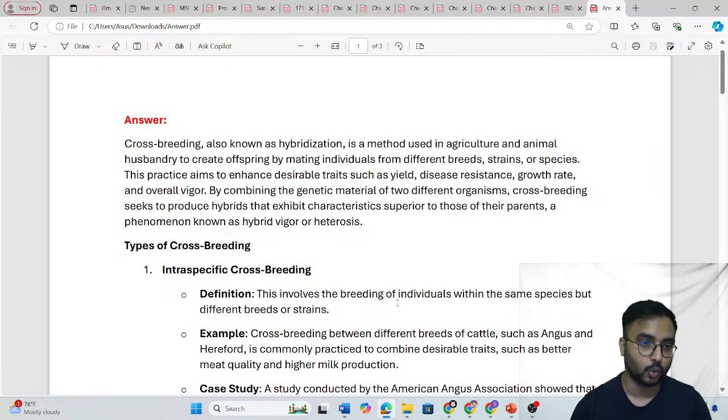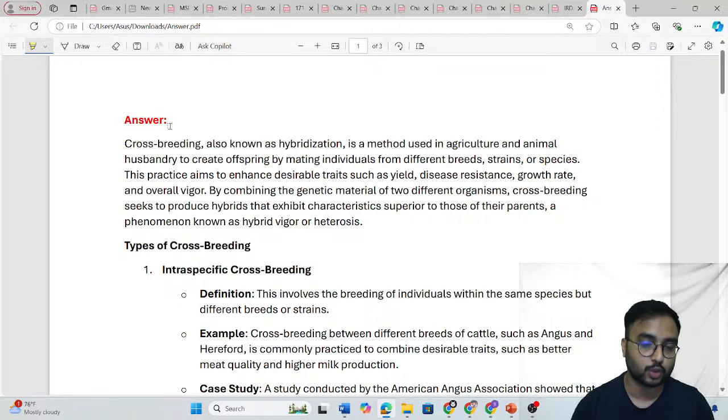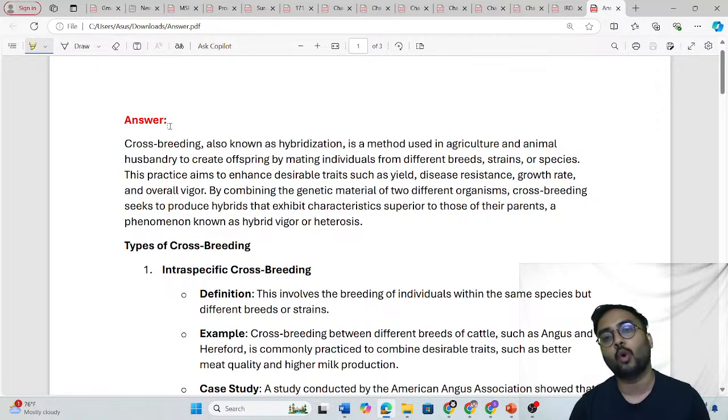Before that, let us go through the model answer for this question. As I described, there were three parts: first, explain what crossbreeding is; second, what are the types of crossbreeding; and third, what are the advantages and disadvantages.